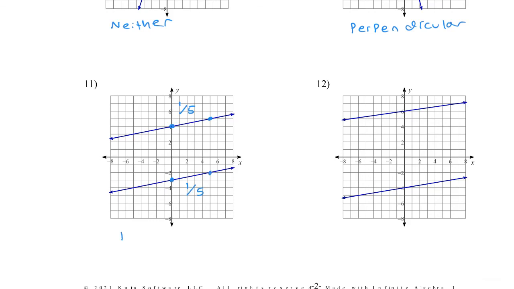Since these are exactly the same, these two lines are parallel. And then the last one, from here to here, the slope of that is 1/7. This one goes from here to here, so it has a slope of 1/6. So these are not the same, so this would actually be neither.